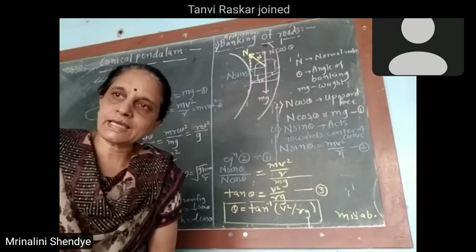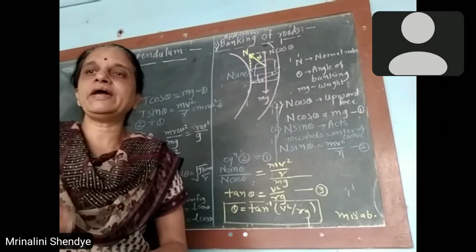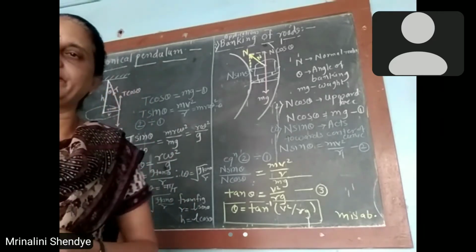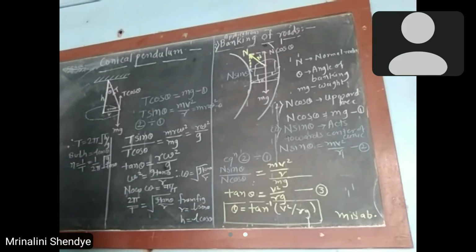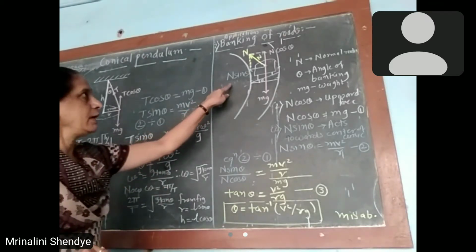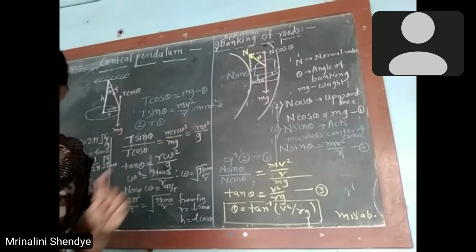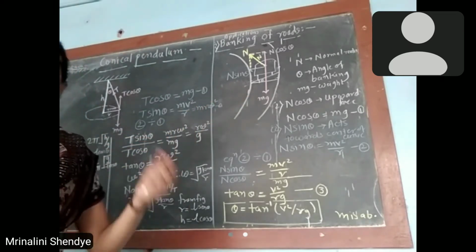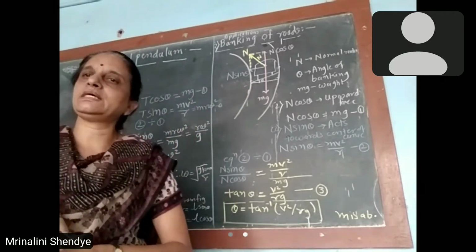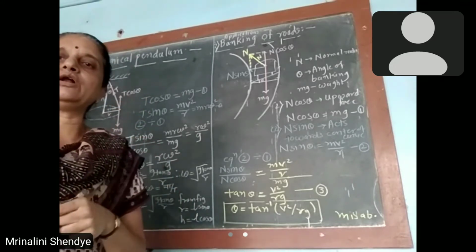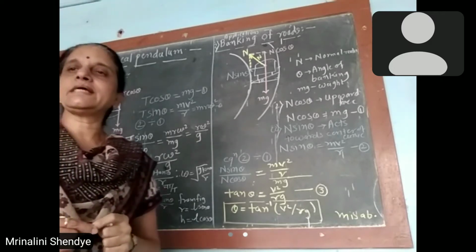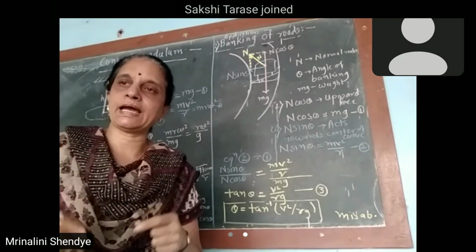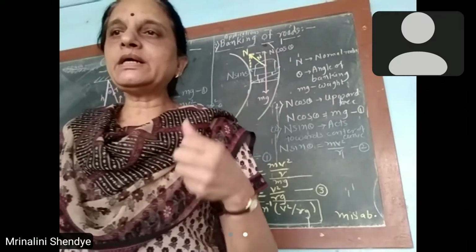In this case, if I consider a vehicle which is traveling along the path, then it is having different speed. Whenever it is revolving along a circular path, you will observe that the centripetal force acts there, towards the center.